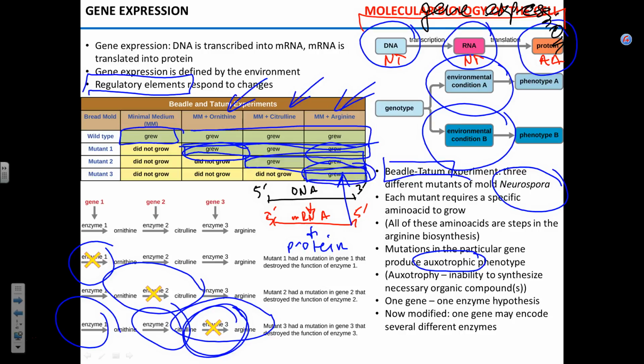This is an auxotrophic microbe that requires arginine. Okay? Often those microbes that are auxotrophic have that little signature. For example, this one, mutant number 3, would have a writing next to it, arginine minus, which means it does not make arginine. It needs arginine in the medium. That makes sense to you? Sure? Okay, like when people just can't live without chocolate.